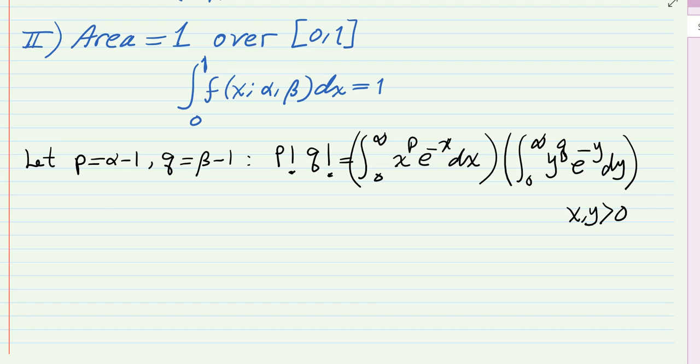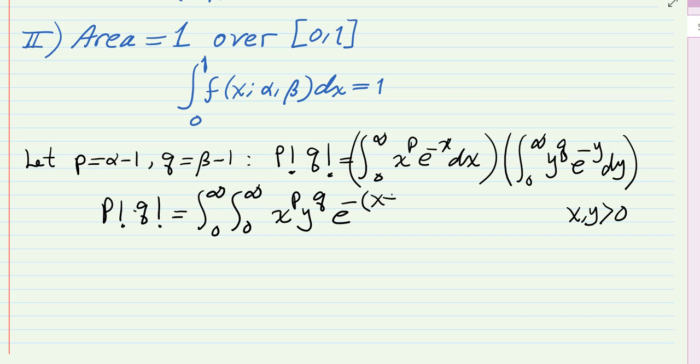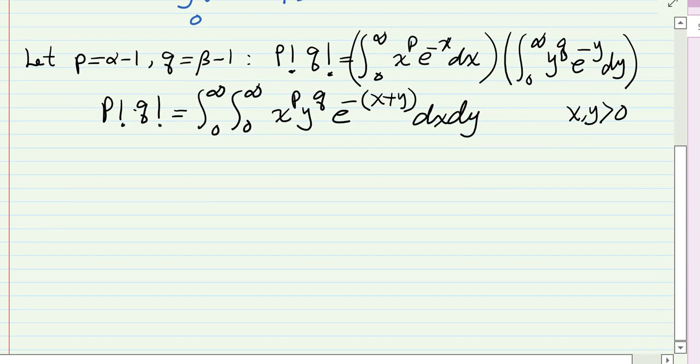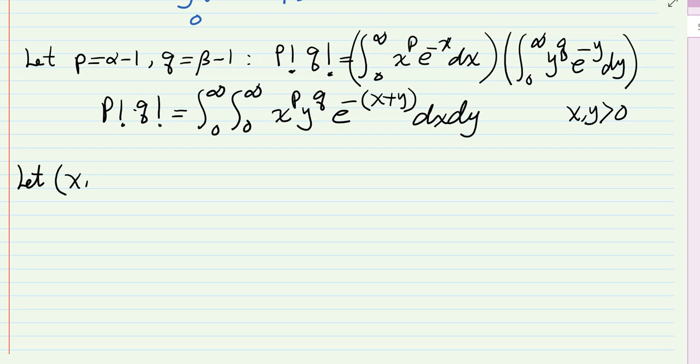Now, if you put them together, the product of p factorial times q factorial is going to be the double integral from 0 to infinity of x to the p, y to the q, e to the negative (x plus y), dx dy. Now at this point we're going to make our transformation. Let the ordered pair (x, y) be transformed into a (u, v) coordinate system.